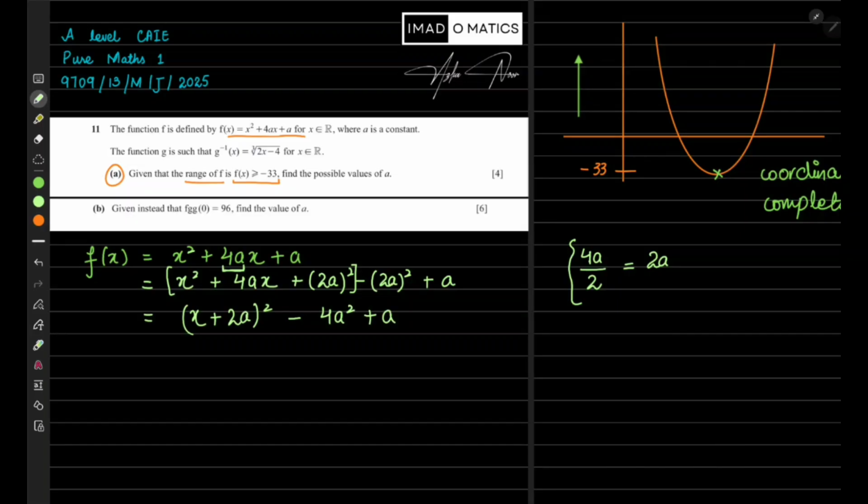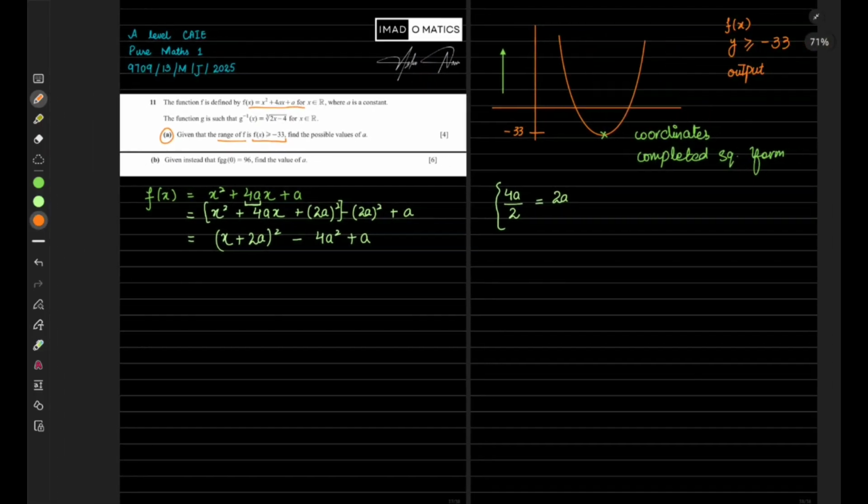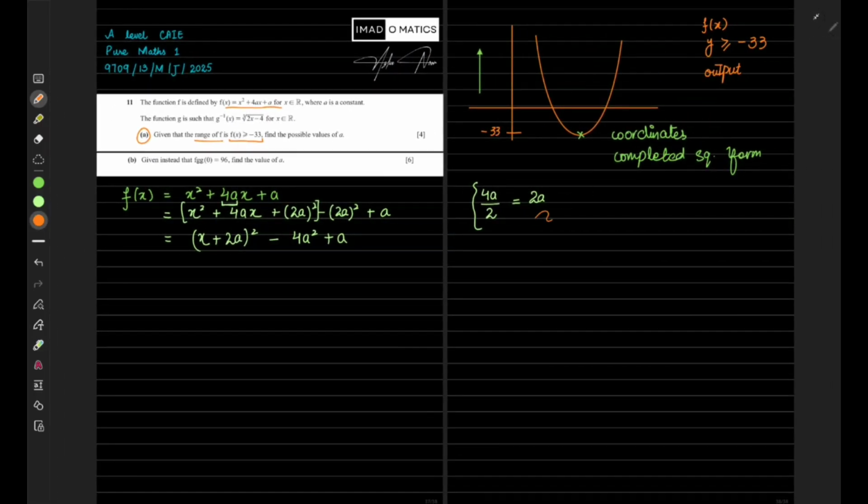Now, how can we identify the coordinates of the stationary point from completed square form? If you have a times x minus p whole squared plus c, this is your standard completed square form. If you put this bracket, x minus p, equal to 0, you get your x coordinate. And this c is your y coordinate. So this is your y.